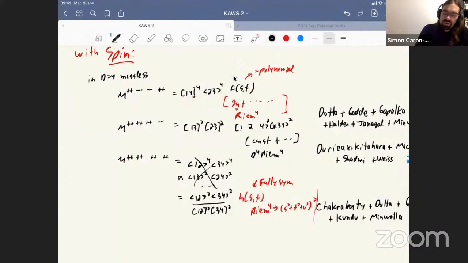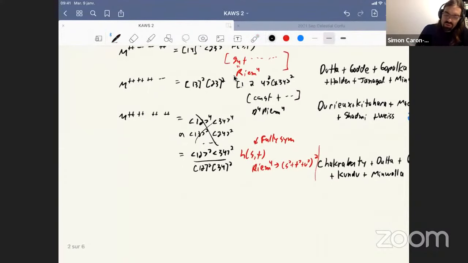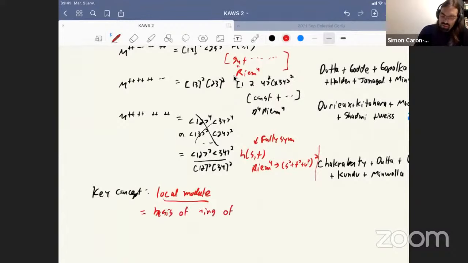The general concept that's useful in general dimension is that of a local module, or for massive amplitudes in D equal 4, a local module. The idea is that it's a basis of the ring, well, the module over Mandelstam variables.